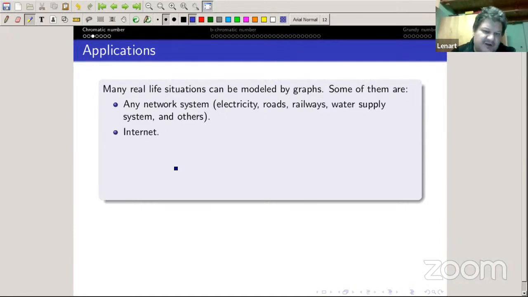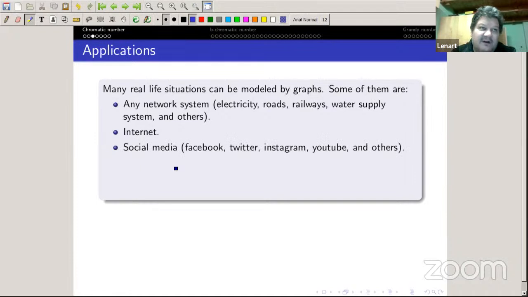Of course, this is a huge graph, but we are living in modern times, and things are mostly huge. Social media, very popular recently: Facebook, Twitter, Instagram, and so on. Vertices are users of these social media, and if two of them are, let's say, friends, then we put an edge between them, and no edge if they are not friends.